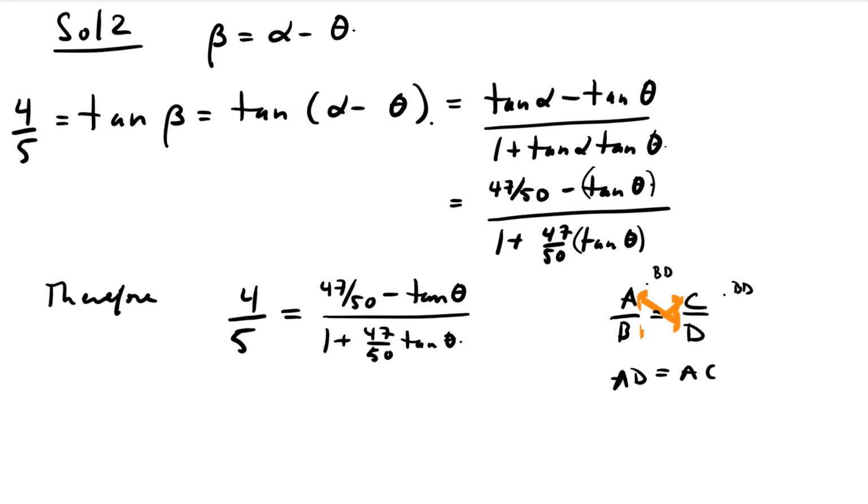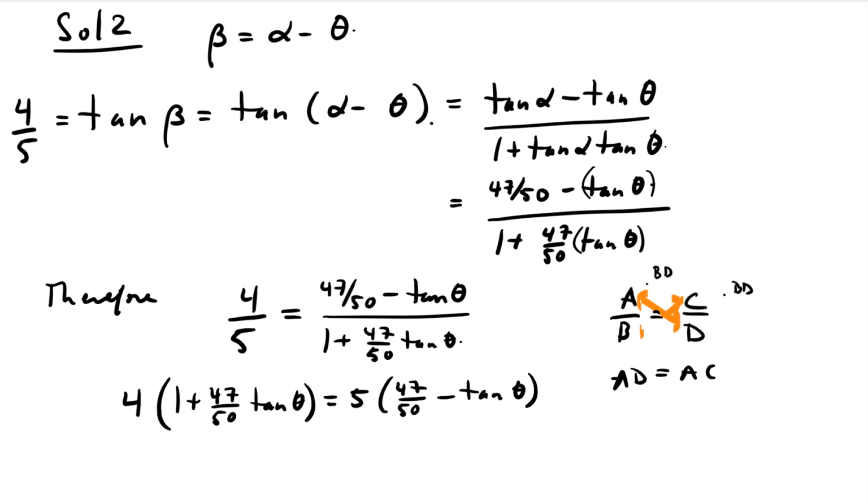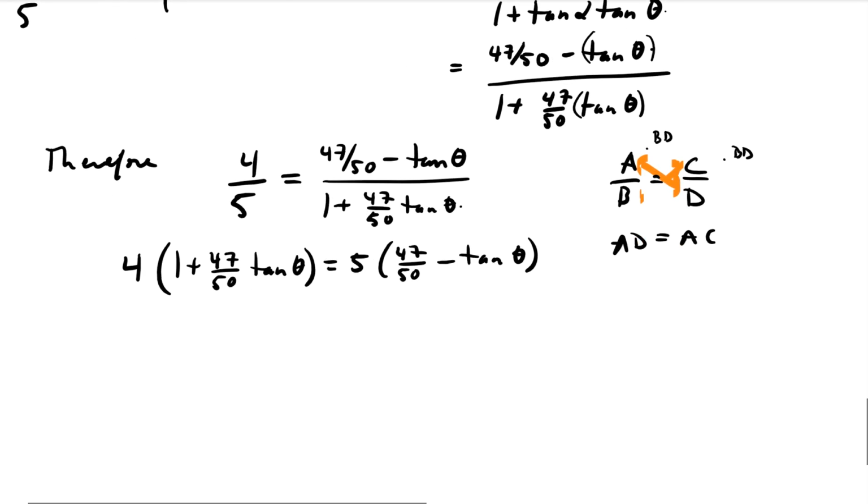So let's do that. So this is going to be 4 times 1 plus 47 over 50 tangent of theta equals 5 times 47 over 50 minus tan of theta. If I multiply on the left hand side, I get 4, and 4 times 47 over 50, that's 3.76 exactly.